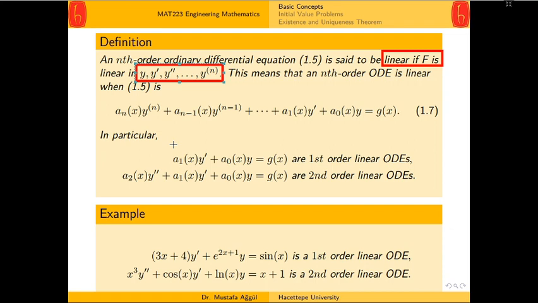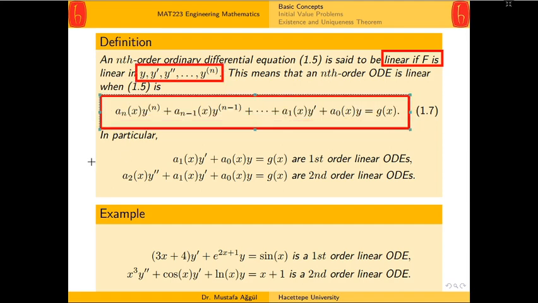So this is the set of all the variables that has to be linear in order to have a linear ordinary differential equation. Okay, this means that if an nth order ODE is linear, then we write it in this form.